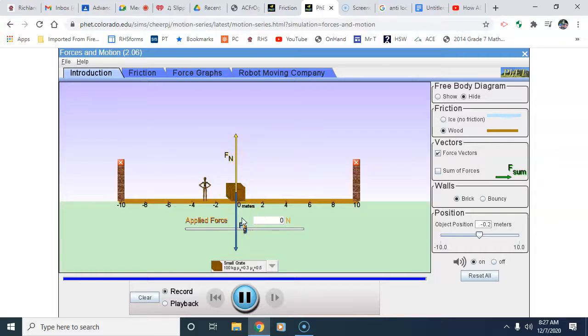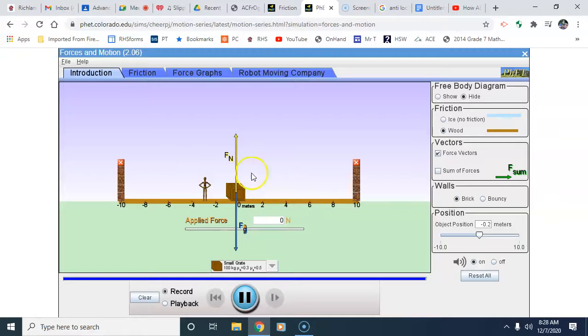Notice something, though. This is a correct free body diagram, and there's no vector arrow for friction. That is because, and this is important to remember, on a flat surface, if something is not sliding or trying to slide, then there is no friction.